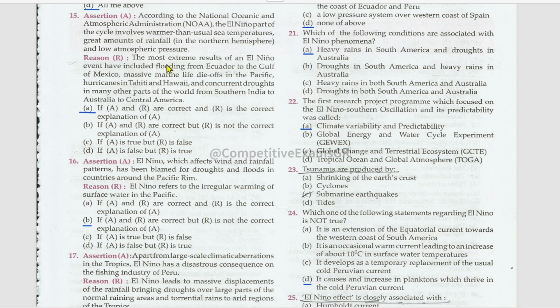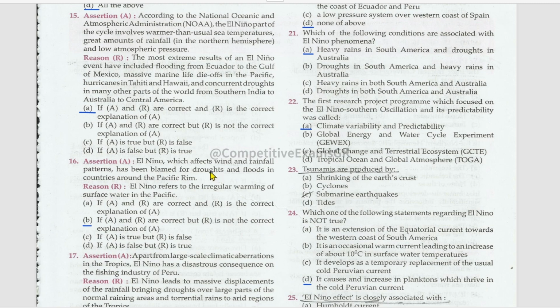The most extreme results of the El Nino event have included flooding from Ecuador to the Gulf of Mexico, massive marine life die-offs in the Pacific, hurricanes in Tahiti and Hawaii, and concurrent droughts in many other parts of the world, from southern Africa to Australia to Central America. This is also true. Both the statements are right, and the reason is also the correct explanation for the assertion.